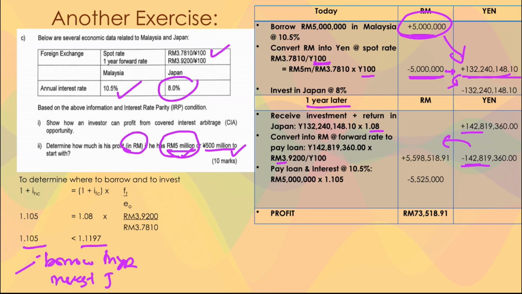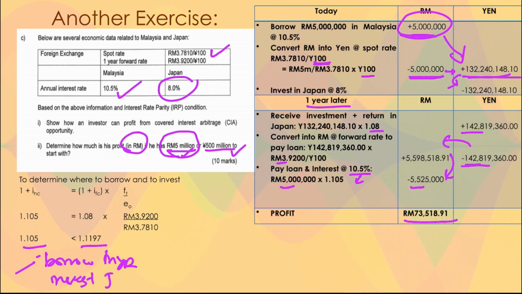And you have to pay the loan with interest of 10.5%. So 5 million times 1.105, converting to decimal, 1 plus the interest rate. You will get 5.525 million. And you minus this from what you get from the investment to pay back the loan.